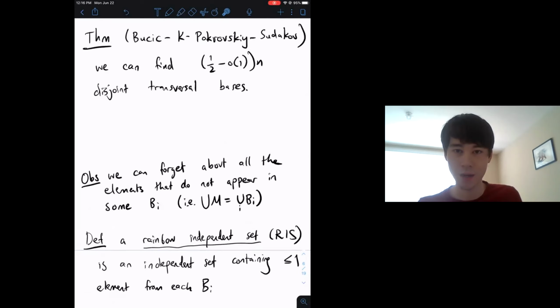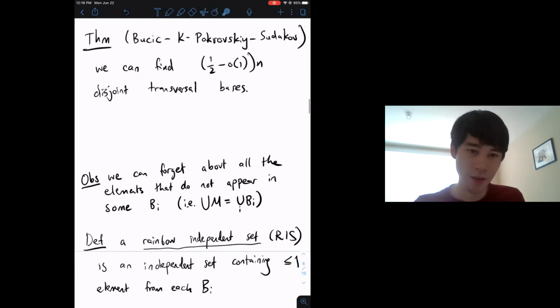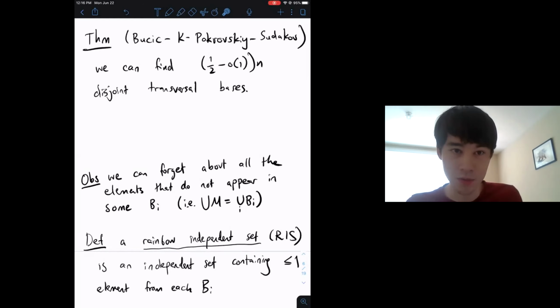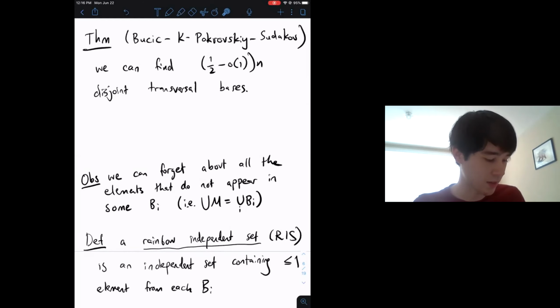That is, every element comes from a different basis. So, in this language, what I'm looking for is a rainbow independent set of size n. That's what a transversal basis is. There are a bunch of interesting questions about rainbow structures in graphs, and this can be viewed as a problem of that flavor, and I think it's a helpful way to think about these problems.